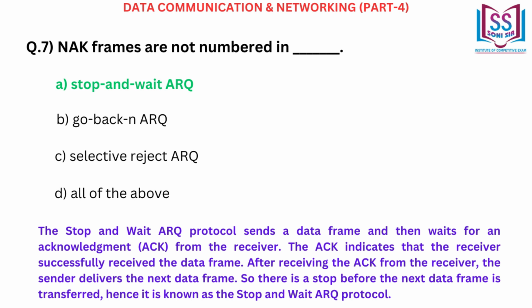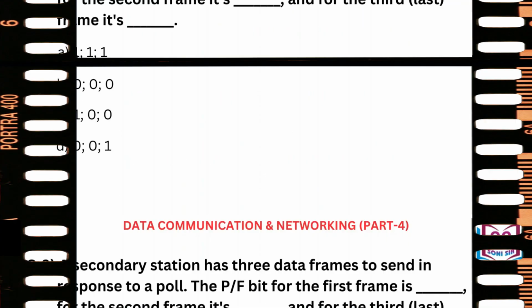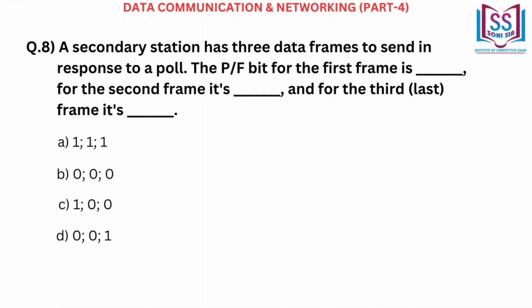The ACK indicates that the receiver successfully received the data frame. After receiving the ACK from the receiver, the sender delivers the next data frame. So there is a stop before the next data frame is transferred, hence it is known as the stop and wait ARQ protocol.